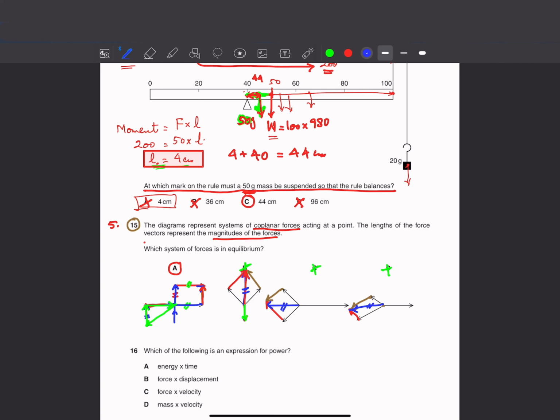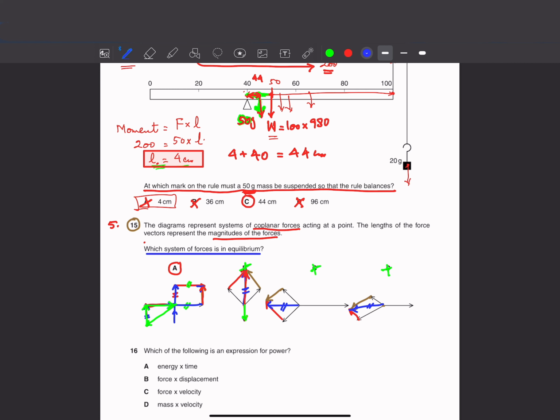So they are not giving you the concept of a closed triangle which is required for a system in balance or in equilibrium. So be careful, you have to draw a closed triangle, and which is giving you the closed triangle? Nothing but A. I hope this will be a clear concept here.